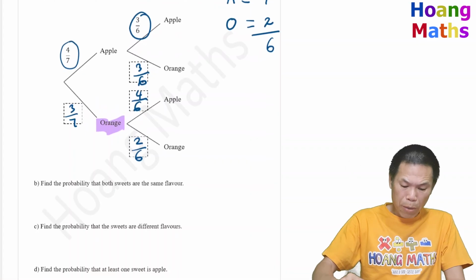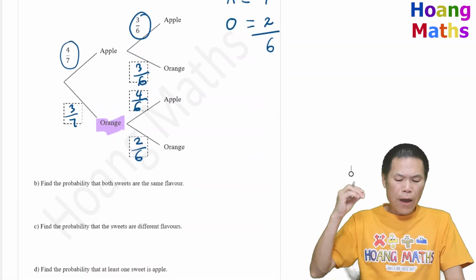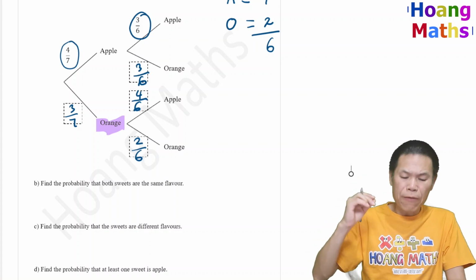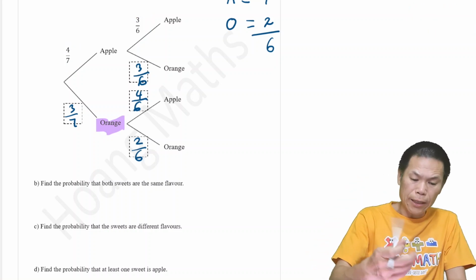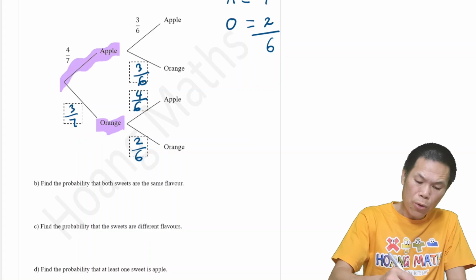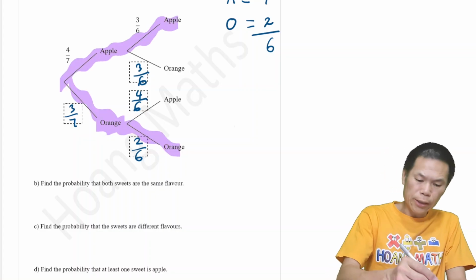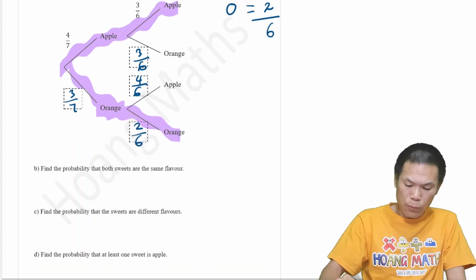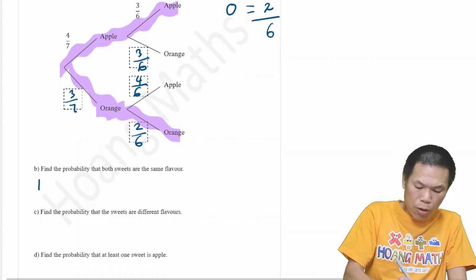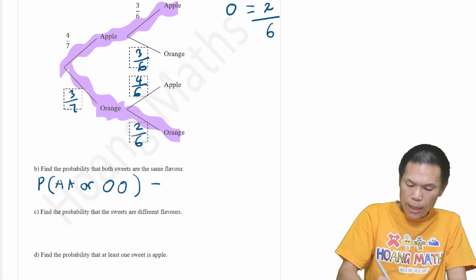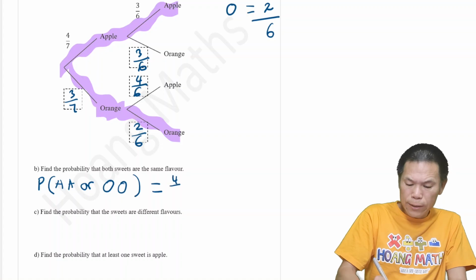So now part B. Find the probability that both sweets are the same flavor. Same flavor means like this: apple, apple. Orange, orange. So these 2 probabilities, that's what we need. So that means probability apple, apple, or orange, orange. That would do. That is 4/7 times 3/6.